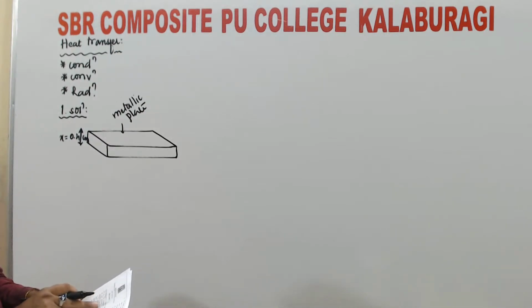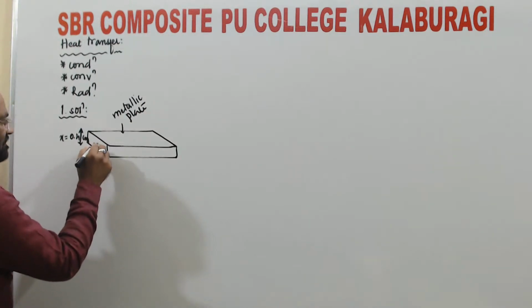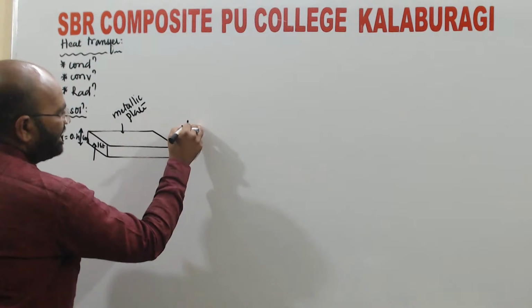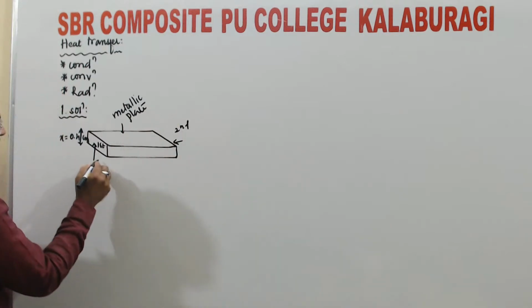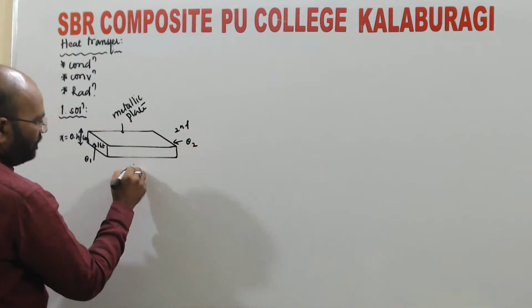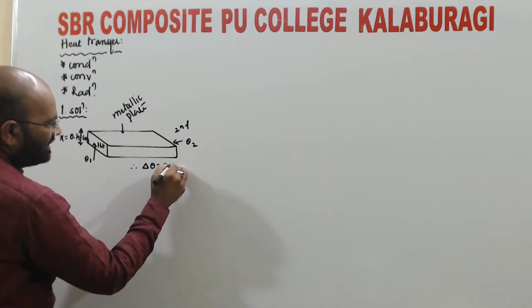The temperature between the two surfaces is 20 degrees Celsius. This is the first surface or first face, and this is the second face. Here there is a temperature difference between theta 1 and theta 2. Therefore, delta theta is equal to 20 degrees Celsius.